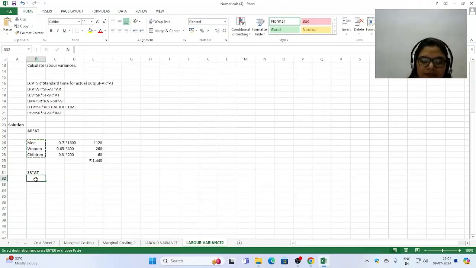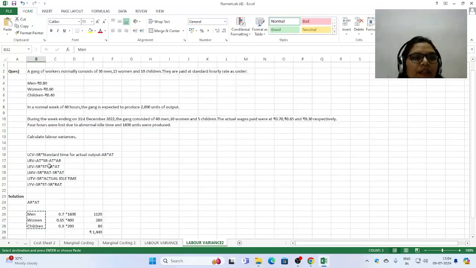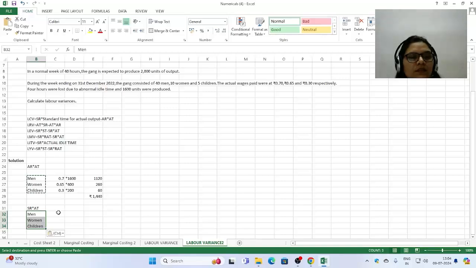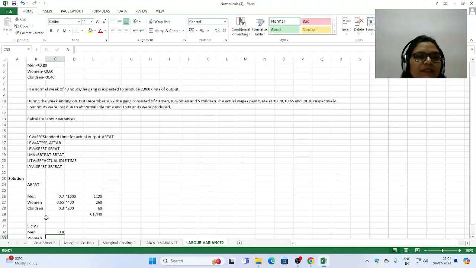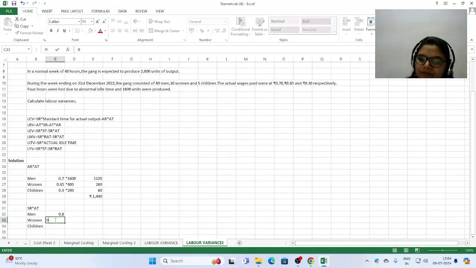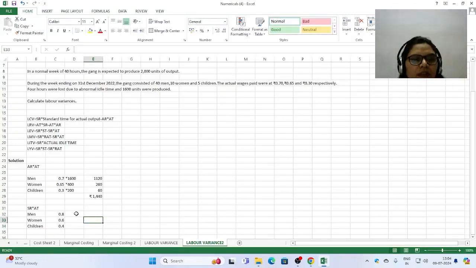It is 0.80, next 0.60, 0.40. Now multiply it with actual time.